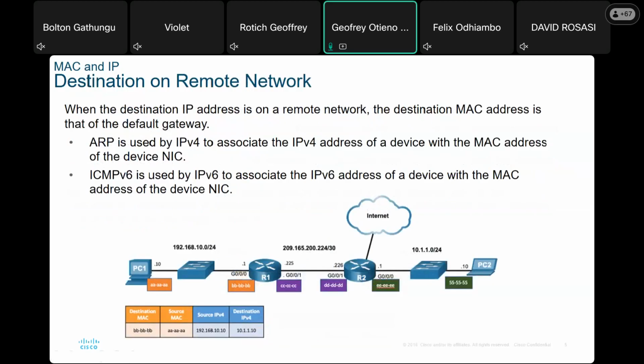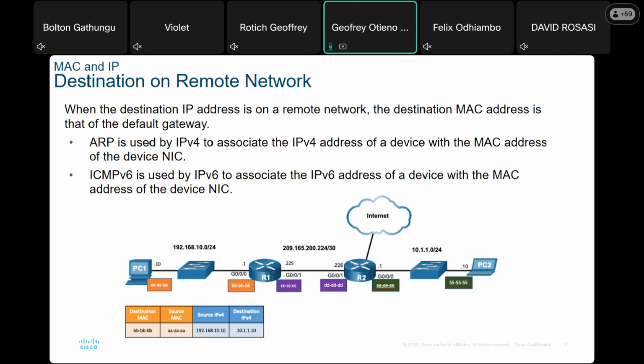How about on a remote network? This is where the destination is on a remote network, not on the same network. That's why you can see we have different IP addresses. This is a class A IP address, 10.1.1.0.